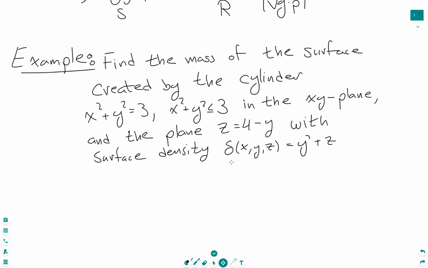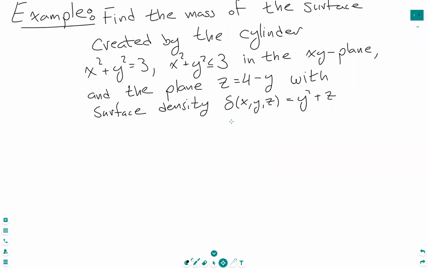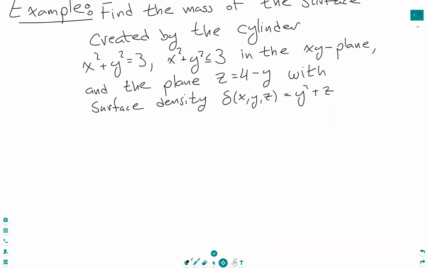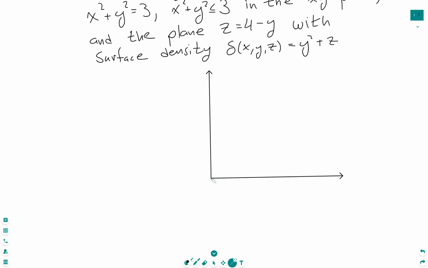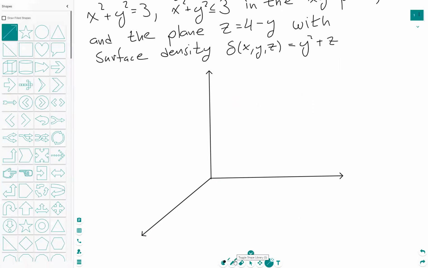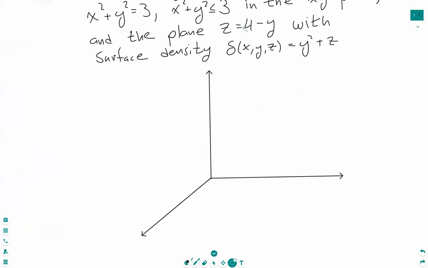Okay, so let's take a look at what this object looks like. It looks like we first have this object in the xy plane, which is just a circle of radius 3. And then we have the cylinder here that comes up and ends up stopping when we get to some plane.